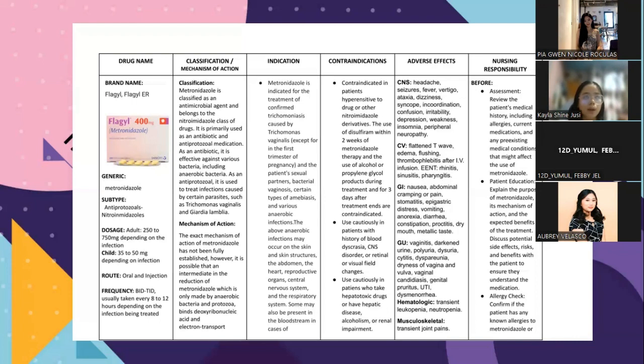Metronidazole is an antimicrobial agent, meaning it is a substance that has the ability to kill or inhibit the growth of microorganisms. It is effective against a wide range of microorganisms, including bacteria and parasites, and also exhibits antibiotic activity against various bacteria, including both aerobic and anaerobic bacteria.